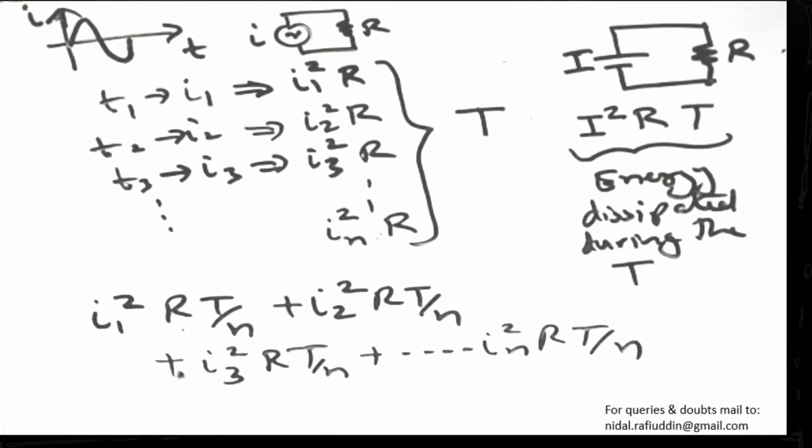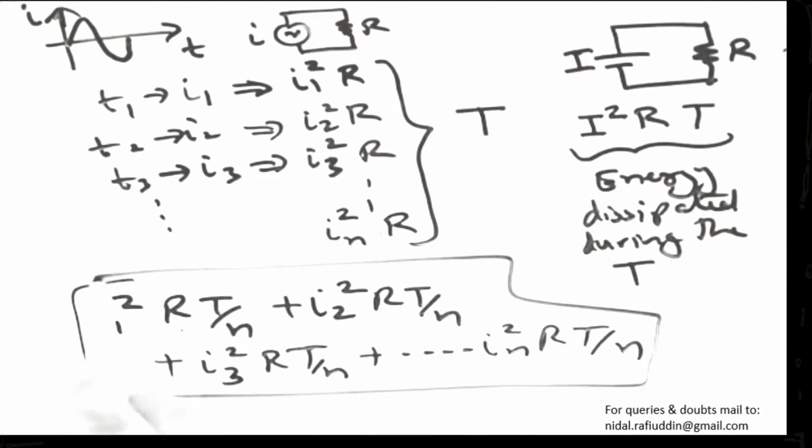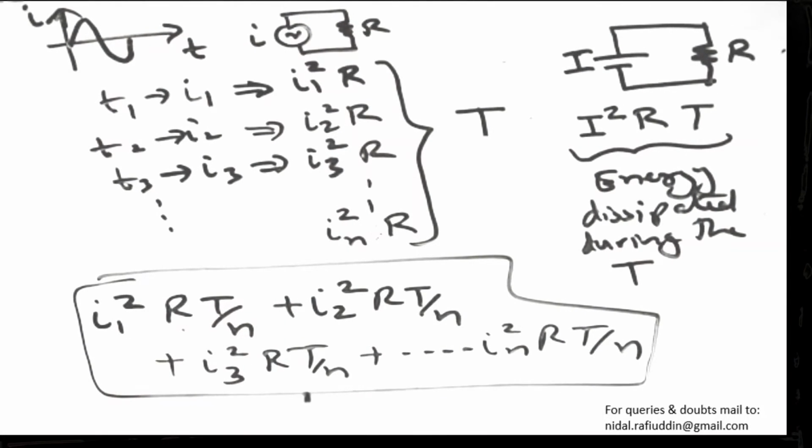So this is the total amount of energy dissipated by the alternating quantity, the AC, within a duration of capital T. Of course this is a sort of assumption, because we are taking the instantaneous values from the continuous representation of the waveform, but this is enough to come to a conclusion about how the RMS of the AC quantity can be computed.